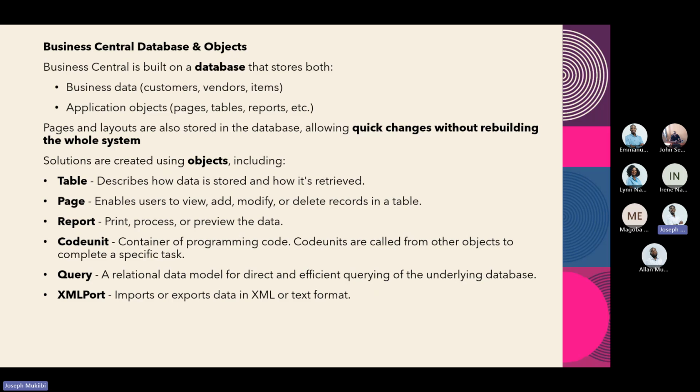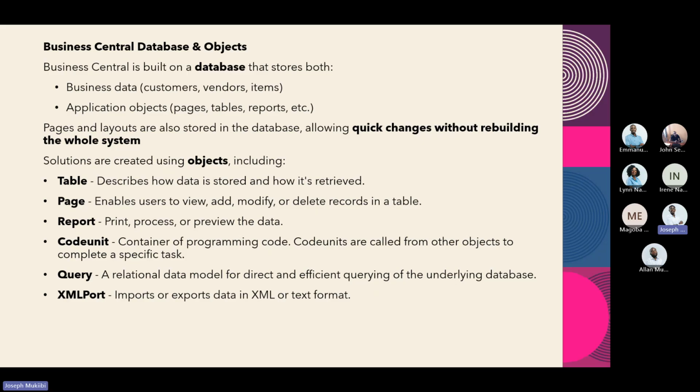Then there's the query, something that I haven't used, but I don't know whether any of you have used it. It's also included: the relational data model for direct and efficient query of the underlying database. It's something that I've not used before. I don't know whether anyone on the team has used it here.